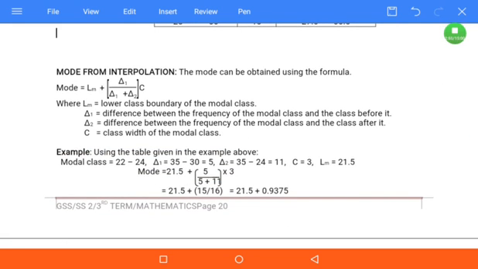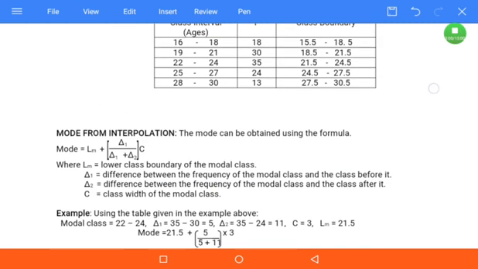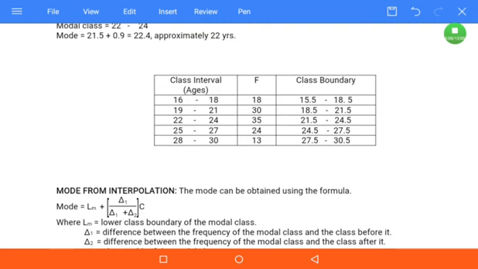Afterwards, now you have to find delta 1 too. How then do we find delta 1? Delta 1 is the difference between the frequency of the modal class and the class before it. Now, in this example, since 35 is the highest frequency, the class 22 to 24 is the modal class.